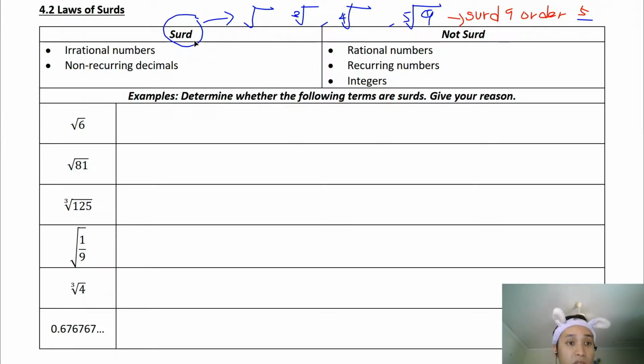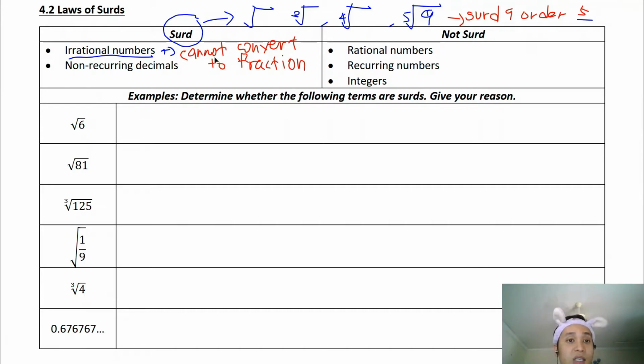For a Surd to be considered a Surd, it must be an irrational number, meaning it cannot be converted to a fraction. Numbers that can be converted to a fraction, we call rational numbers.